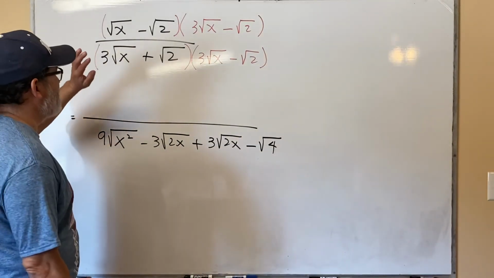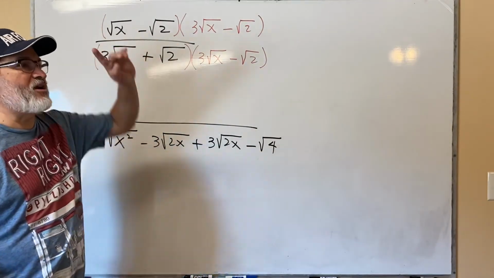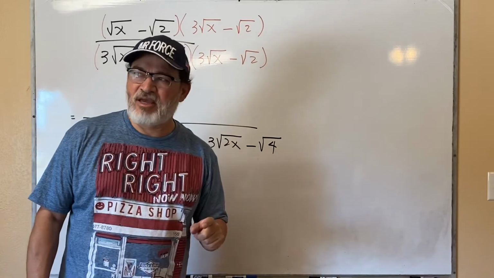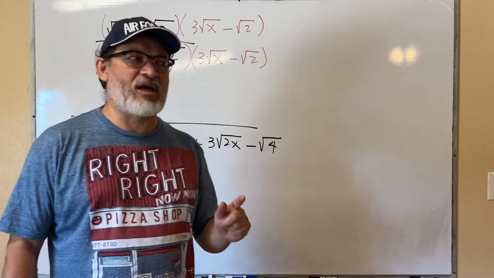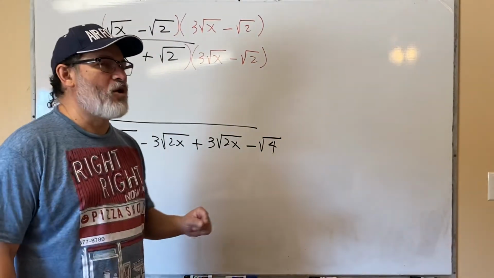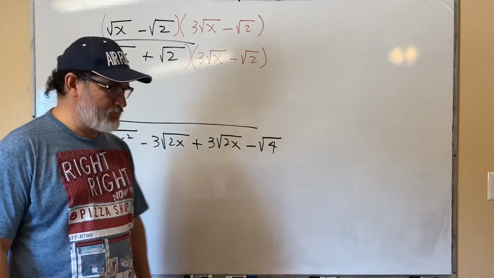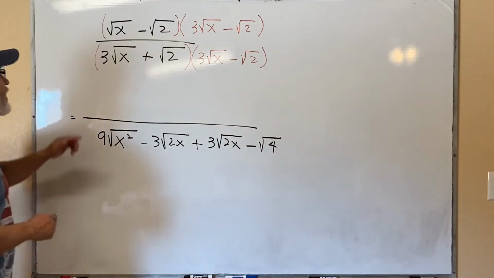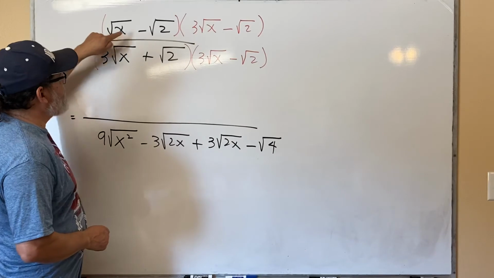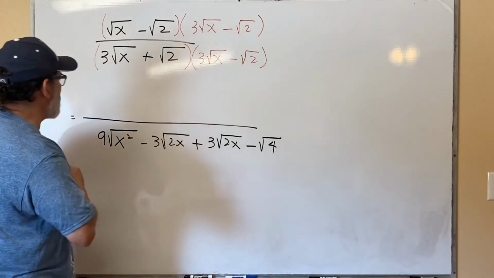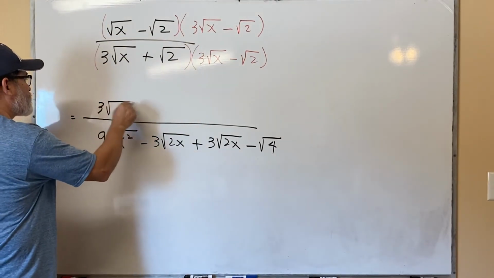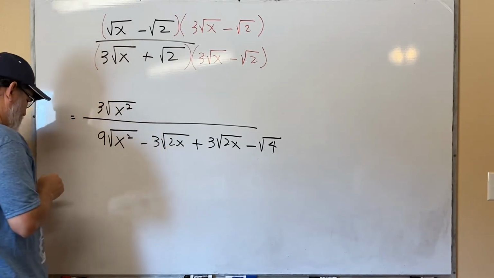How about the top? The top, they are not conjugates. And because they are not conjugates, outer and inner will not cancel. So the top, the square root of x times 3 the square root of x is going to be 3 the square root of x squared.